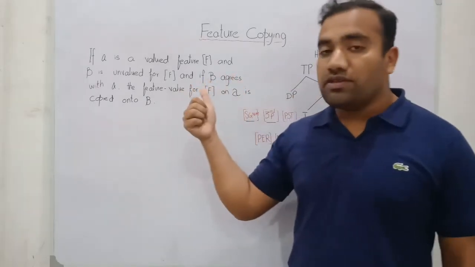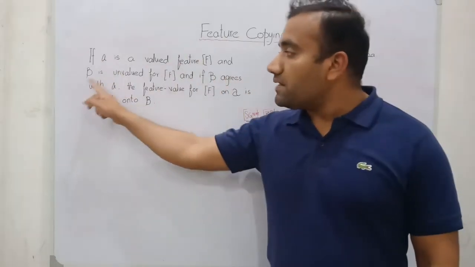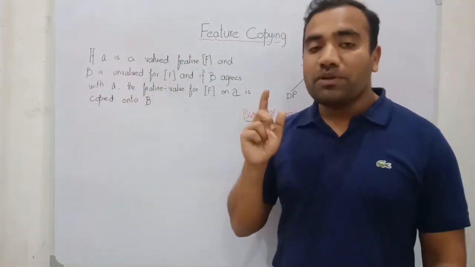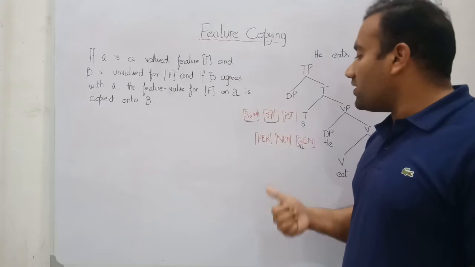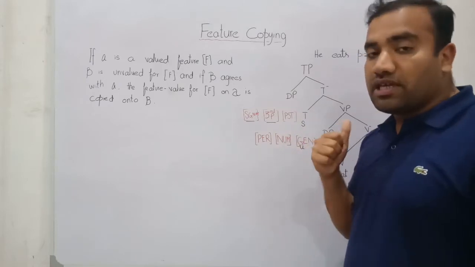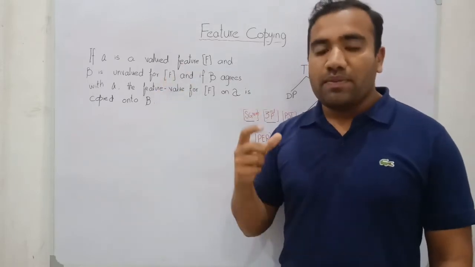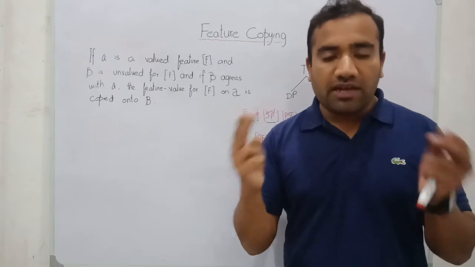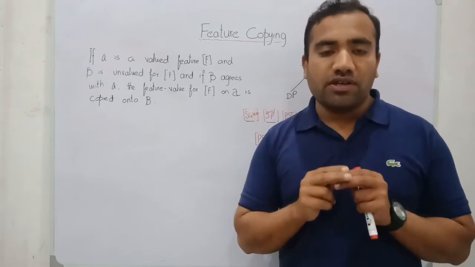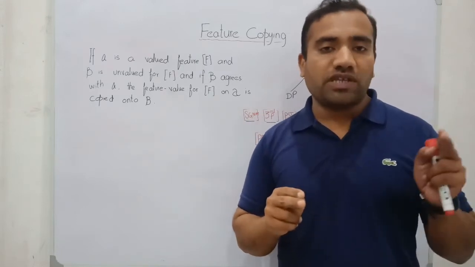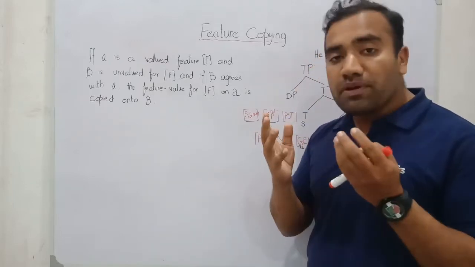And the theory states that if alpha is valued for feature f and beta is unvalued for f, this is alpha, this is beta, it means there are two types of categories in syntax. One has the valued feature and one has the unvalued feature. What will happen at this stage?